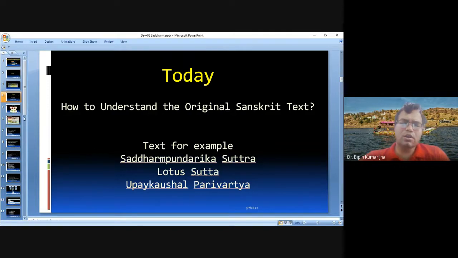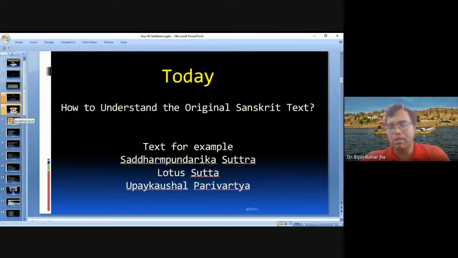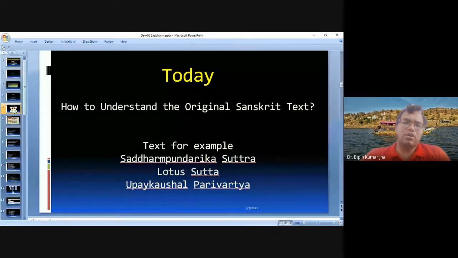So we have taken the example from the Upaya Kaushal Parivarta. This is the name of the chapter of Saddharma Pundarika Sutra, or you can say the Lotus Sutta, in Pali language. Lotus Sutta is just a translation, because Pundarik means the lotus.